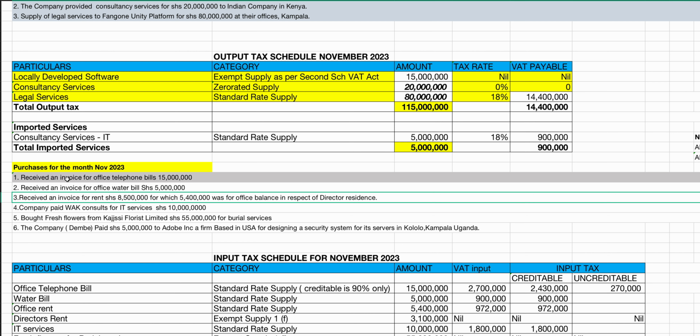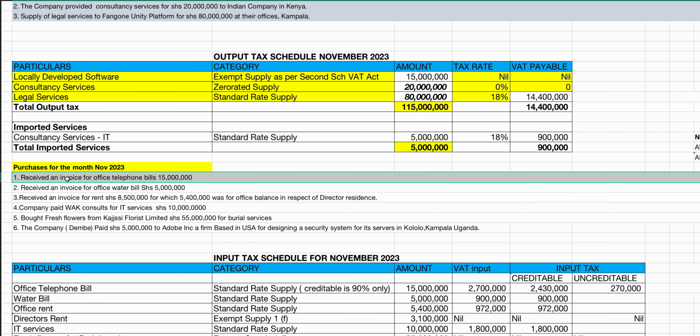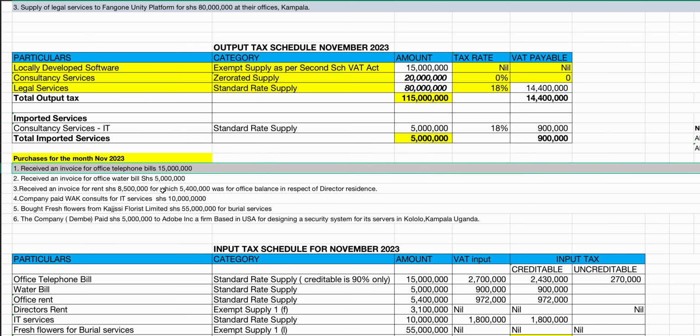Most of us, we don't consider some of these things. For example, when you get an invoice from MTN for the airtime, or for the voice bundles, or for the corporate services, we are allowing all that input VAT. But that's not the case. We are supposed to allow or to claim only 90%.